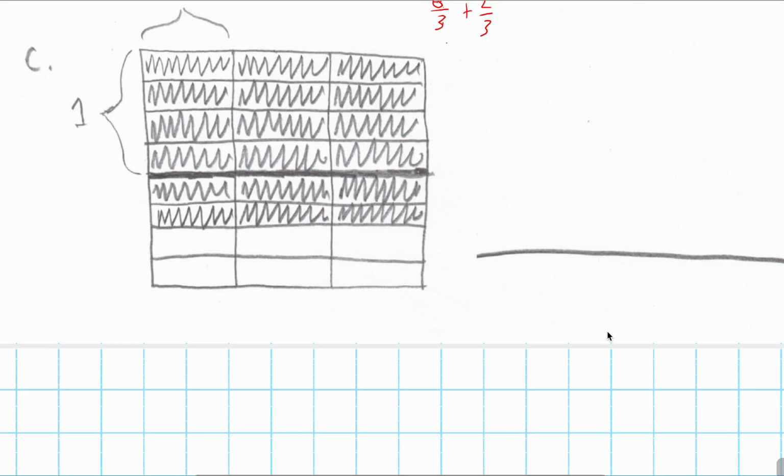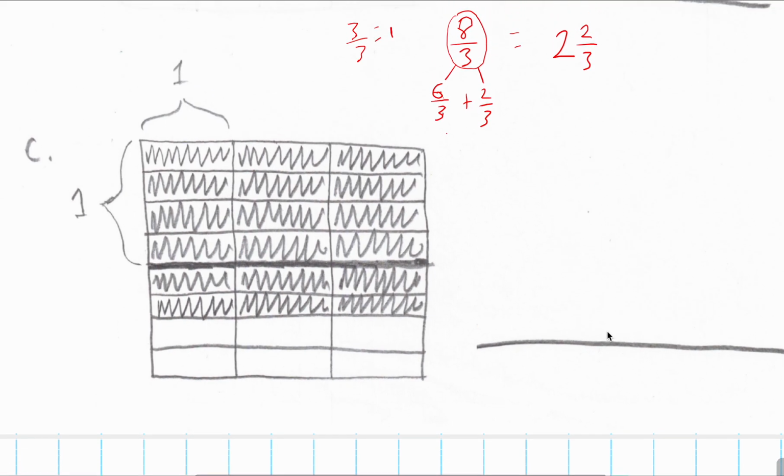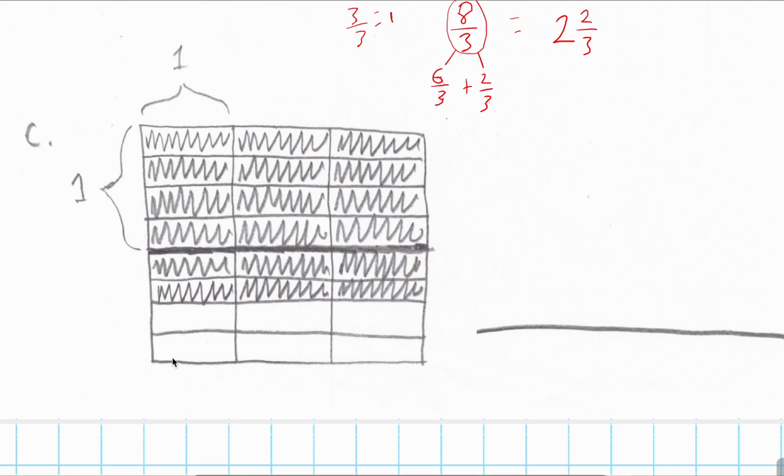Alrighty. So let's continue over here. In this one, we have to be careful where the whole lies, right? From here to here, you have one whole, and from here to here, you have one whole. So first of all, let's label our side lengths. I know I have 1, 2, 3.